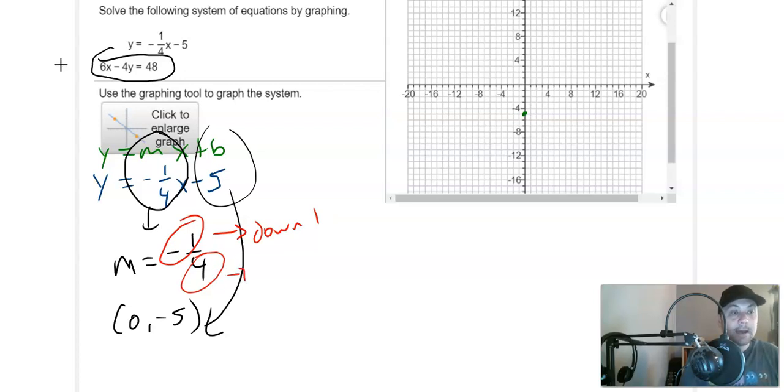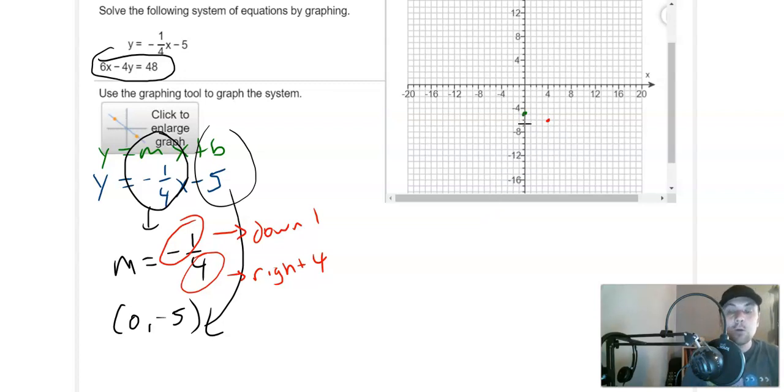And because this bottom number is positive, we are going to go to the right 4. Again, the bottom number is left or right. Left is negative, right is positive. So we will go to the right 4 from this point. I have a set of directions I'm going to follow: down 1 and then to the right 4, which leads me to this location here. And so I mark a point there.